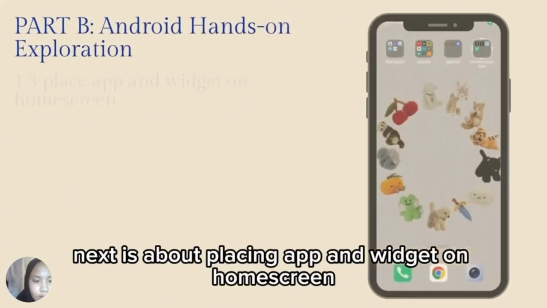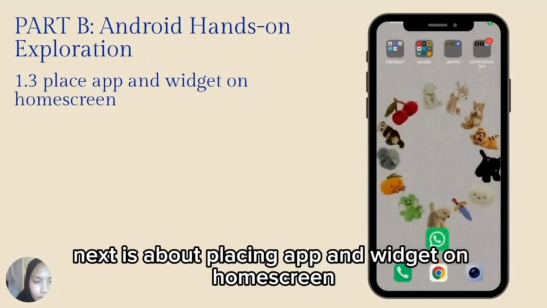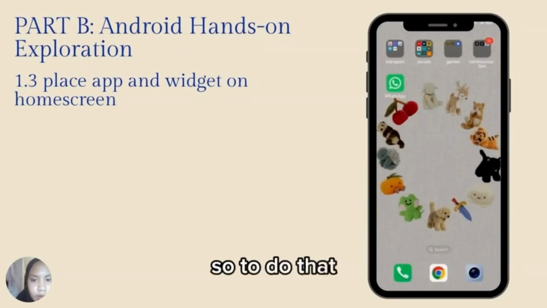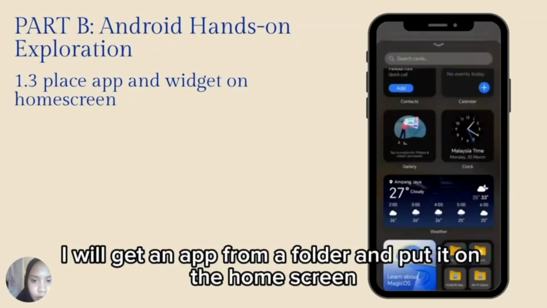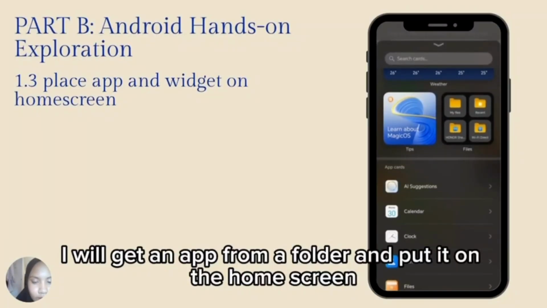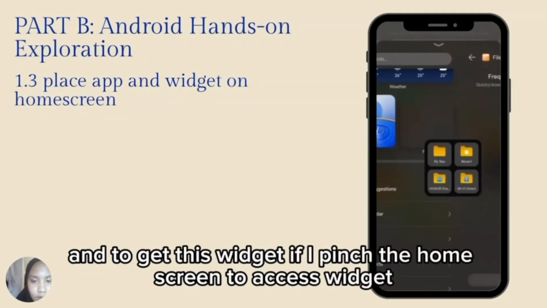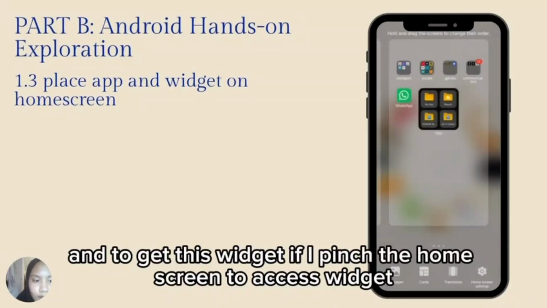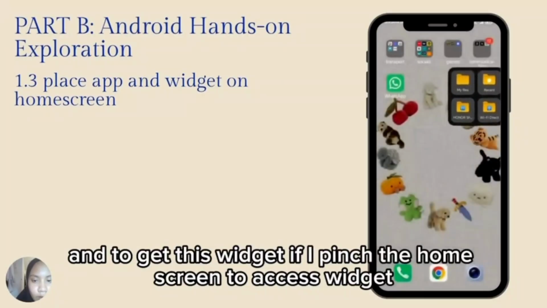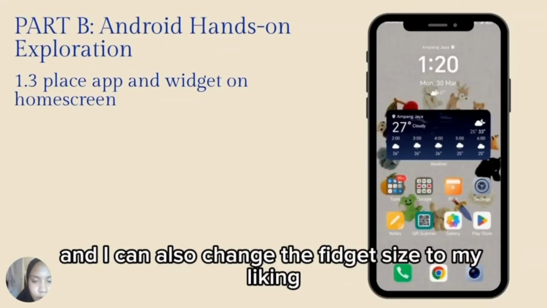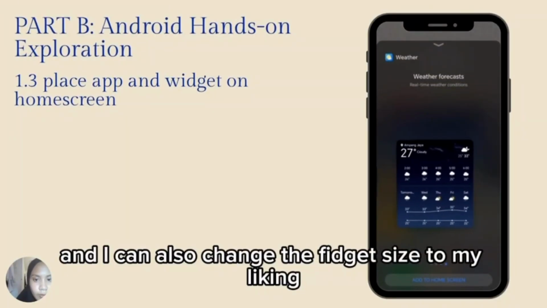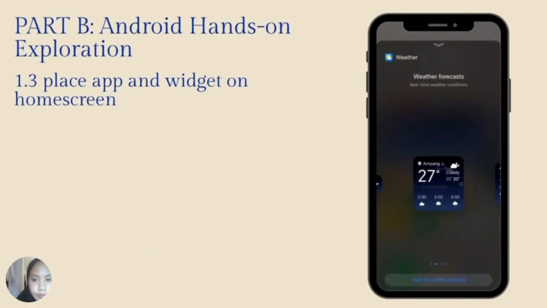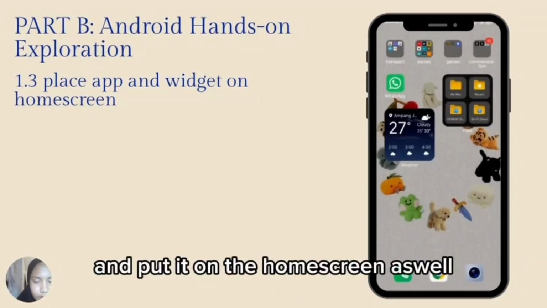Next is about placing an app and leaving it on the home screen. To do that, I will drag an app from a folder and put it on the home screen. To get a widget, I press on the home screen to access widgets, and I can also change the widget size to my liking and put it on the home screen as well.